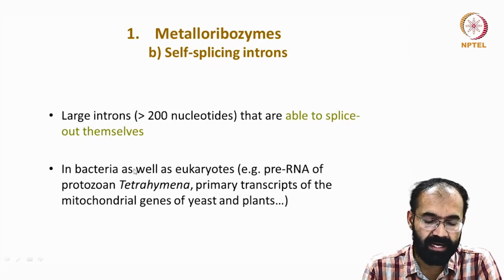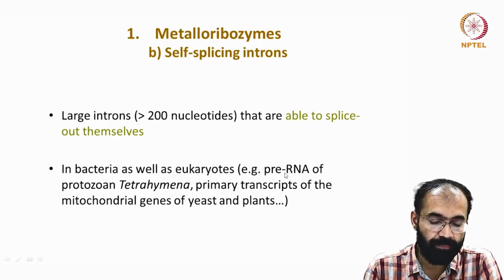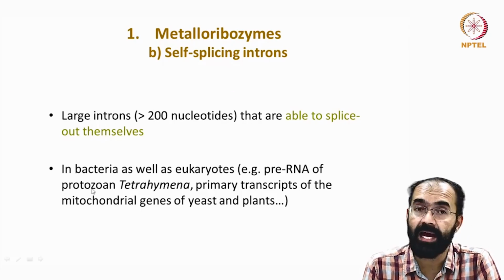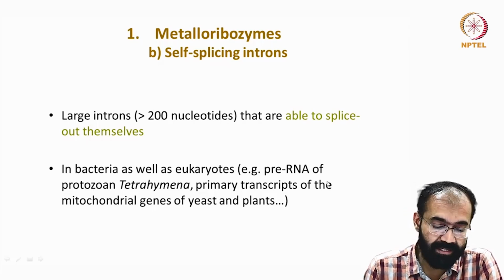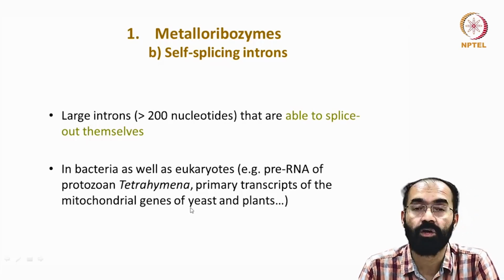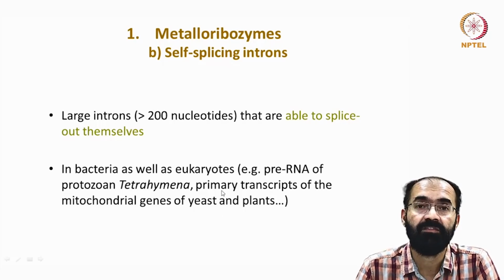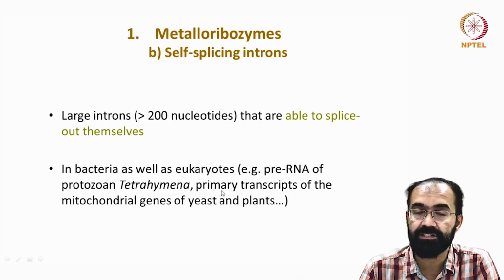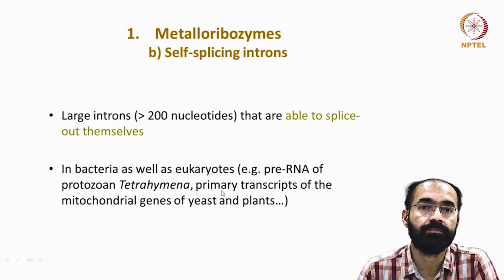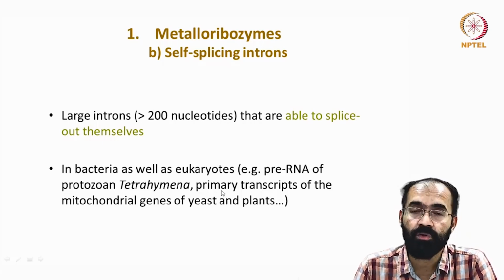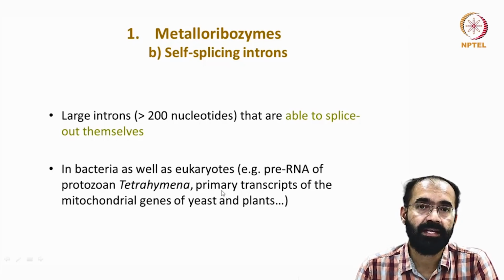In bacteria as well as in eukaryotes, the pre-RNA of the protozoan Tetrahymena and the primary transcripts of the mitochondrial genes of yeast and plants all undergo a self-splicing process, which is conducted by the self-splicing introns. One more thing: this intron itself is the ribozyme.